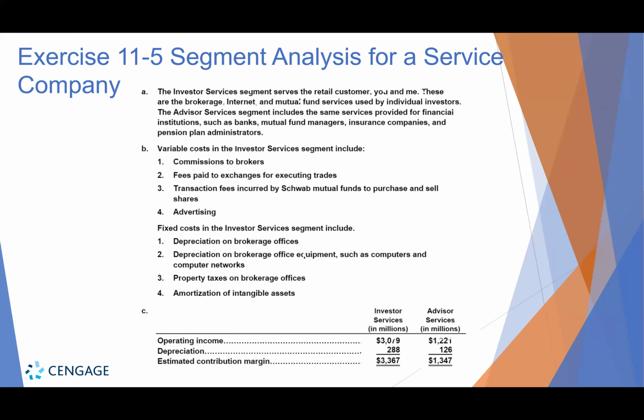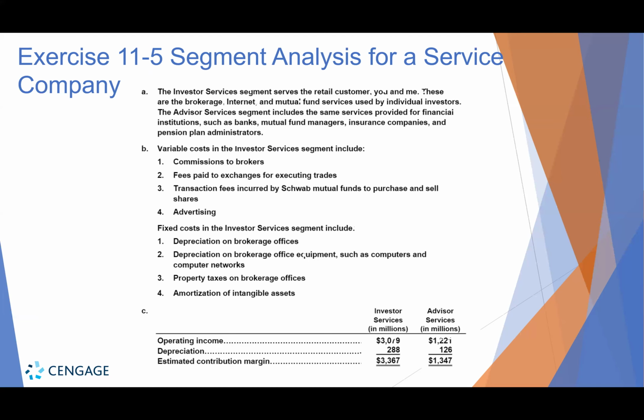Investor services serve retail customers. Advisory services include the same services, but they're provided for banks, mutual fund managers, insurance companies, and pension plans. The variable cost would be commissions and fees for executing trades and advertising.